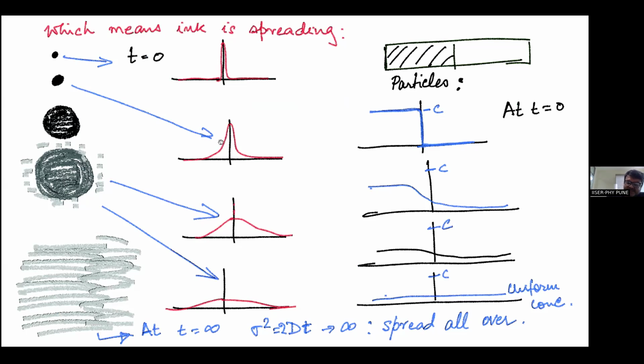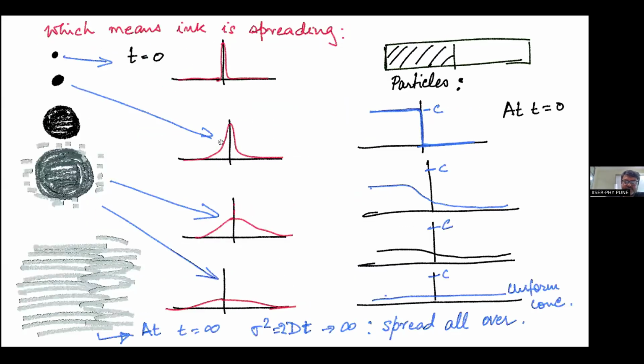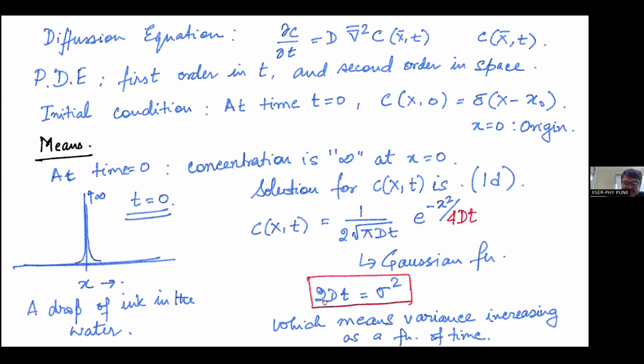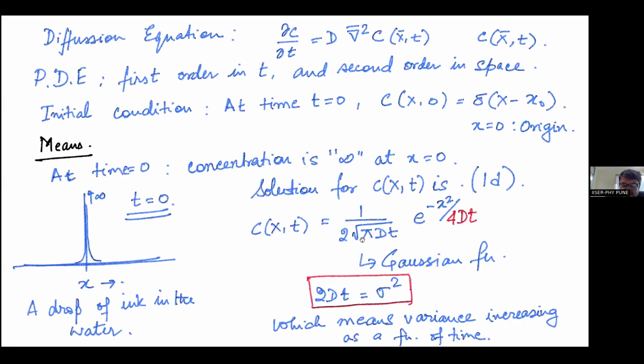It means that because it's spreading continuously, you see, its variance is increasing. Moreover, you'll see there's a prefactor also.